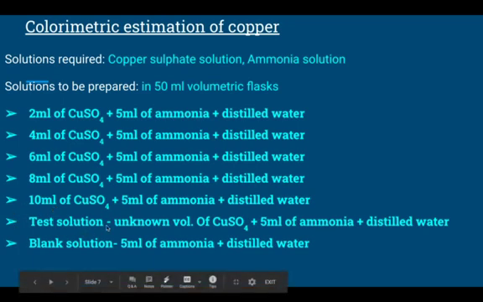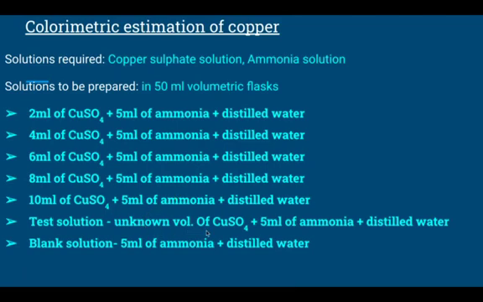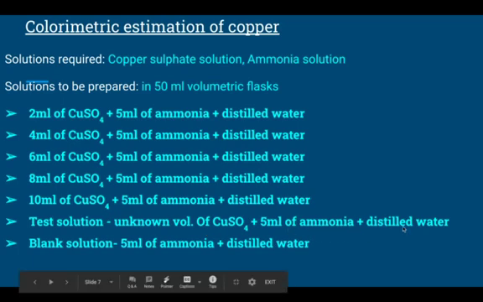Now test solution means it is an unknown volume of copper sulfate. In all these you know the volume of copper sulfate, whereas in the test solution you don't know the volume. Some volume has been given to you. To that you have to add 5 ml of ammonia and make it up to the mark using distilled water. Now blank solution means it will not contain the analyte sample.